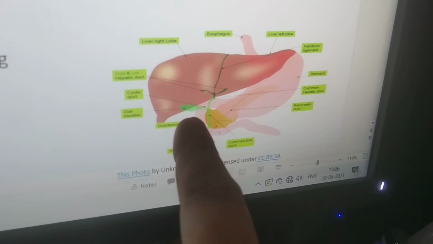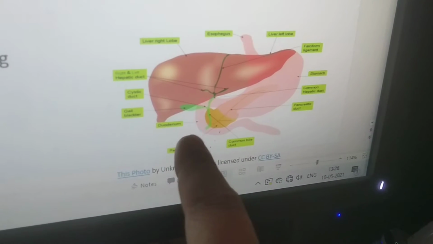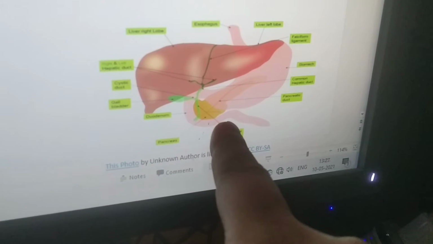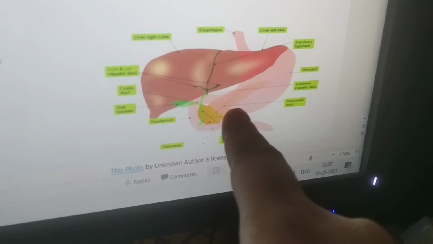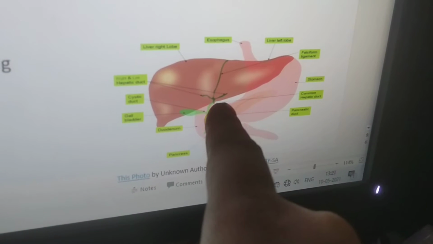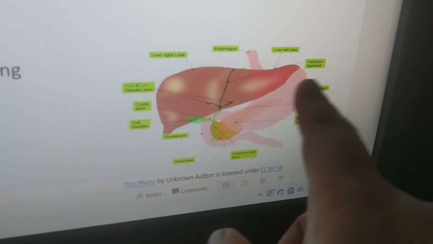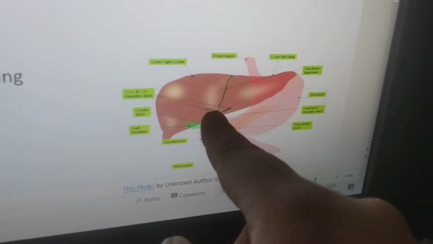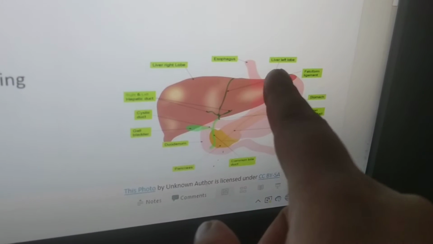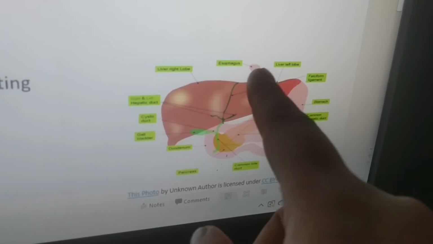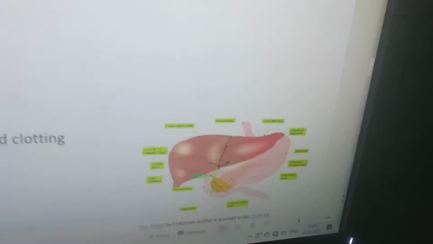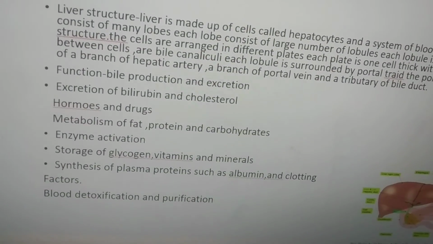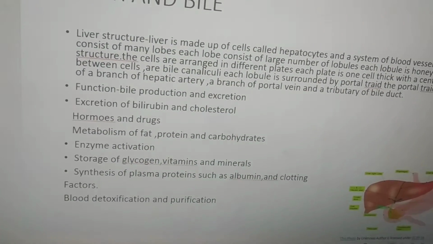In green color, this is a gallbladder, duodenum, pancreas, common bile duct, pancreatic duct, common hepatic duct, falciform ligament. This green one is the right and left hepatic duct, liver left lobe, and this is the esophagus. This is the structure of liver, made up of cells called hepatocytes and a system of blood vessels.